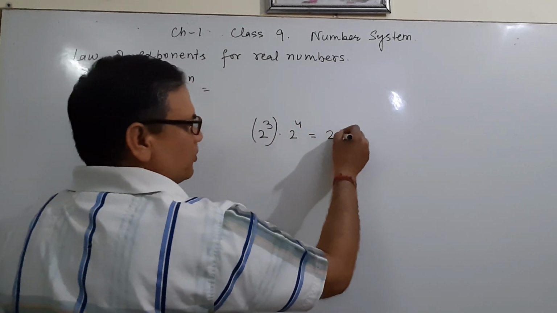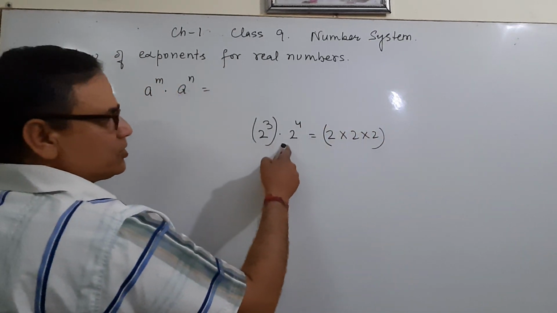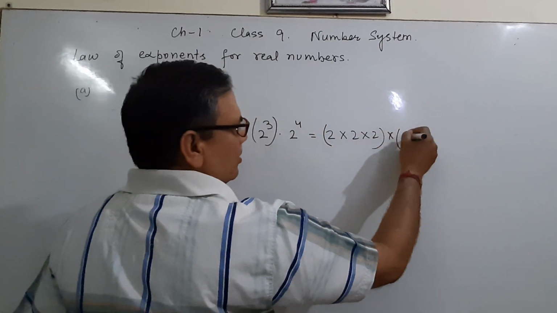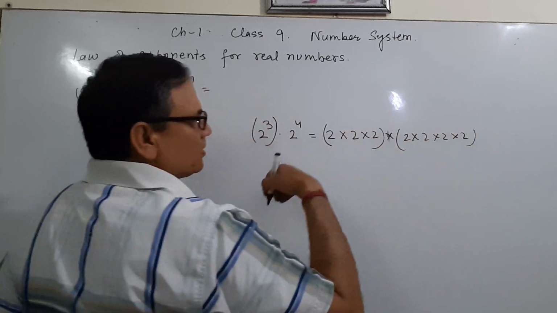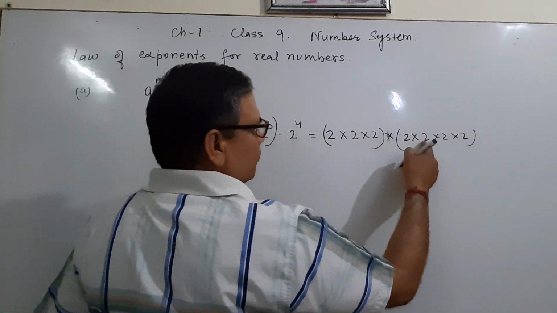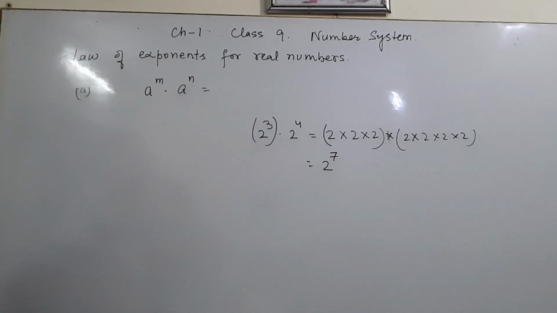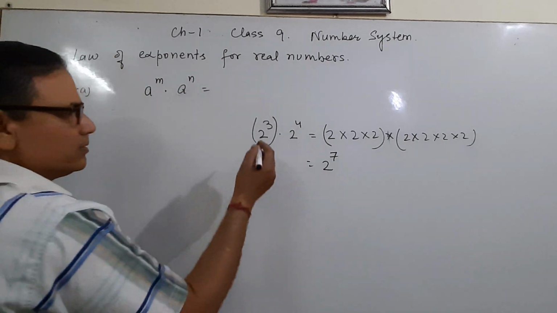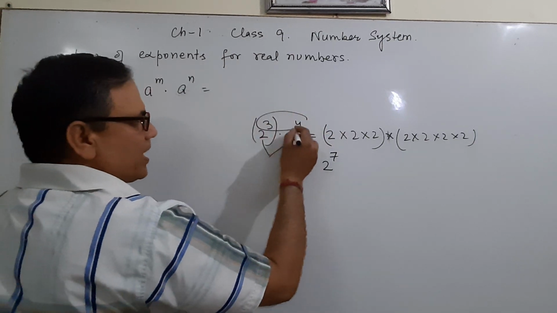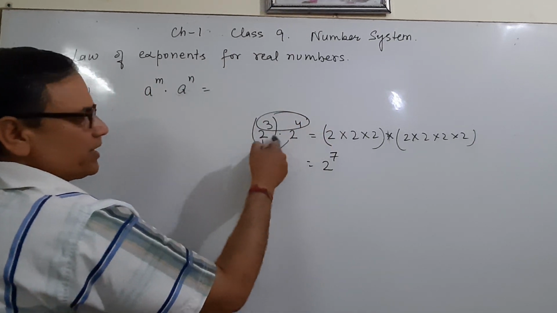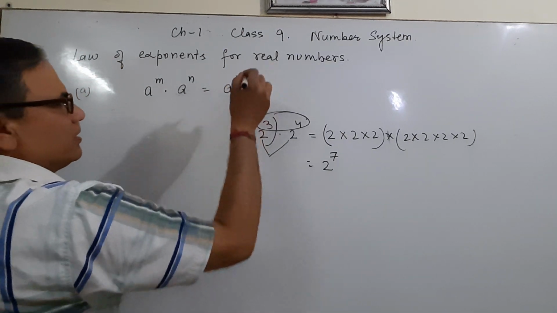It is 3 times, 2 multiply 2 multiply 2. And then this 2 is multiplied 4 times, 2 into 2 into 2 into 2. The answer is 1, 2, 3, 4, 5, 6, 7, 2 power 7. It means when the base is the same, then powers will add to each other in case of multiplication. Then we will write a power m plus n.